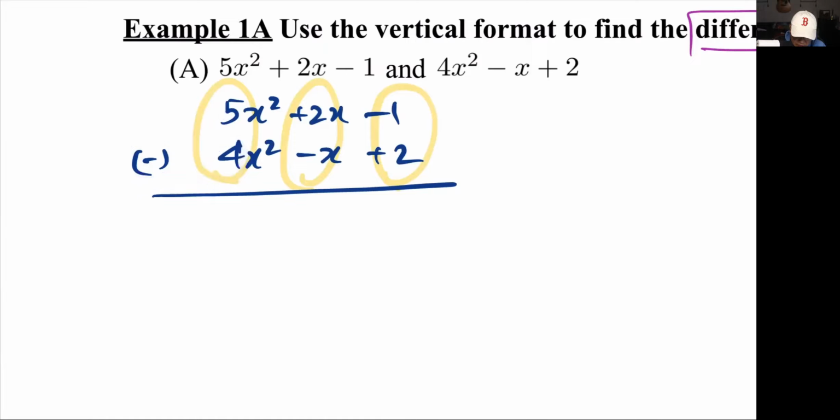So the first one is 5 minus 4, right? Which will yield you 1x squared. And the second one is 2 minus 1, isn't it? So that'll give you 3x. And the third is minus 1 minus 2, which is negative 3.